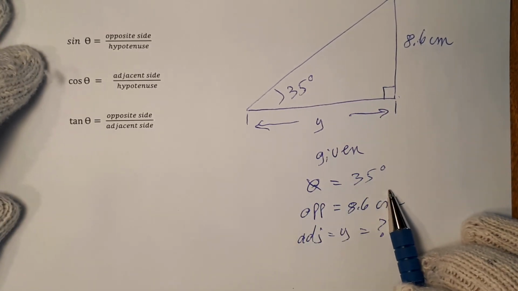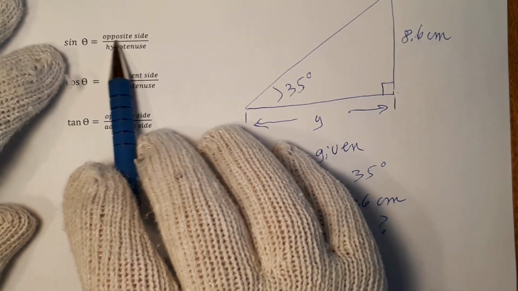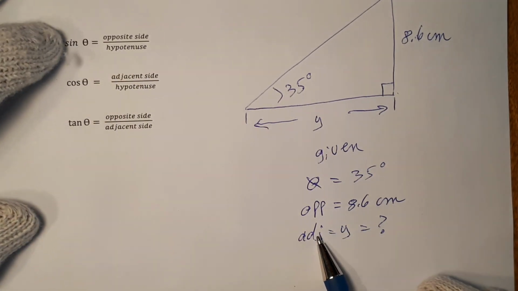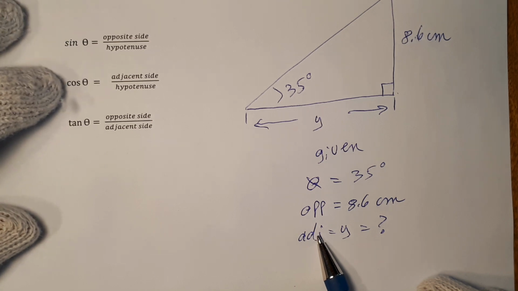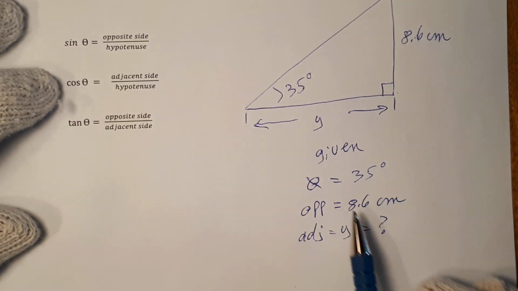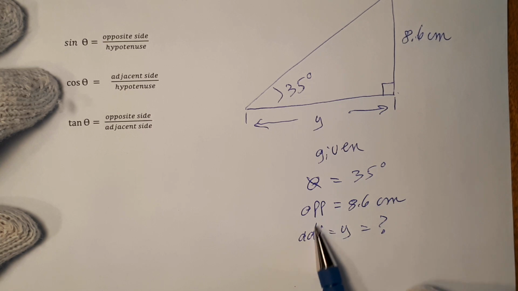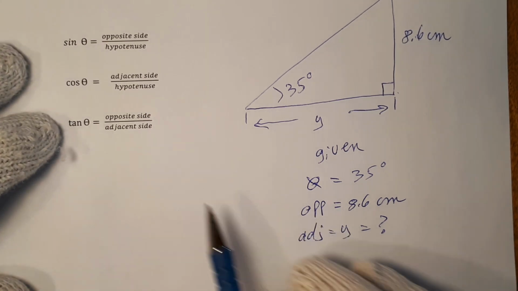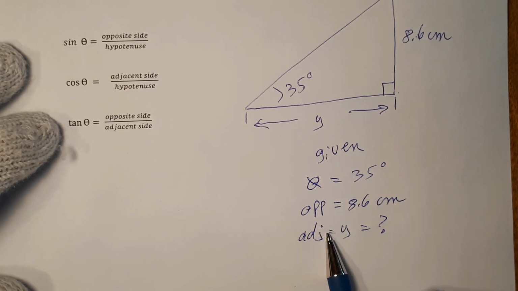these three variables. Looking at sine theta, we had opposite and hypotenuse. We have an opposite and adjacent, so sine theta is no good to us. Cosine theta requires adjacent and hypotenuse. We have an opposite and adjacent, so cosine doesn't work. And tan is opposite and adjacent, which matches all three what we need.